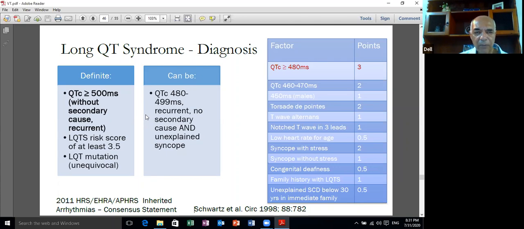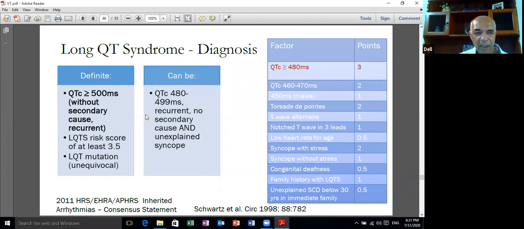This occurs in one single syndrome, the Andersen-Tawil syndrome, which is associated with dysmorphic facies as well as periodic paralysis. So unless you are thinking of Andersen-Tawil by the presence of a very prominent U wave, don't include the U wave.